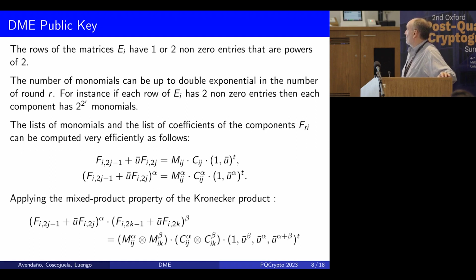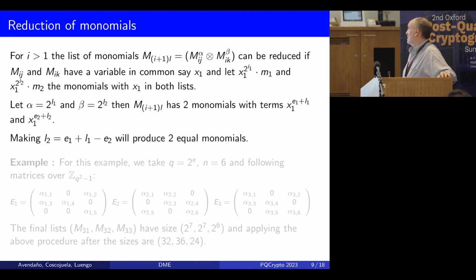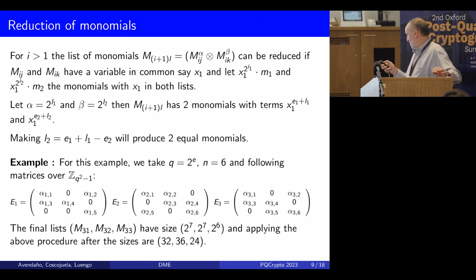Another important thing is the reduction of monomials. I will be quick here. If one of these exponential matrices has one exponent common in both parts, then we have a linear expression in the exponent. In the second exponent, we can produce two equal monomials, in fact not only two, but a lot of them. You can see here one example.